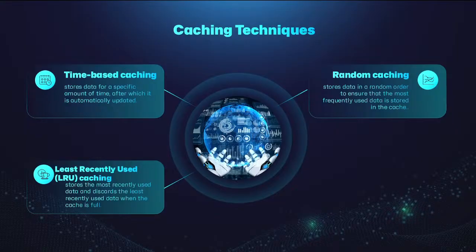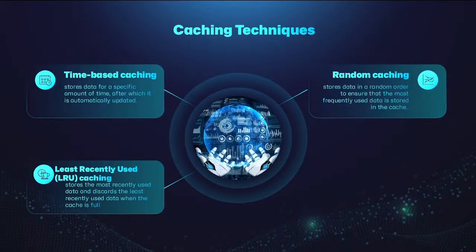So the least recently used talks about what you recently used, or to be specific, what you've used recently the most. That is what is stored in the cache when the cache is full. After storing the most recently used, the least recently used is discarded, I mean, deleted.